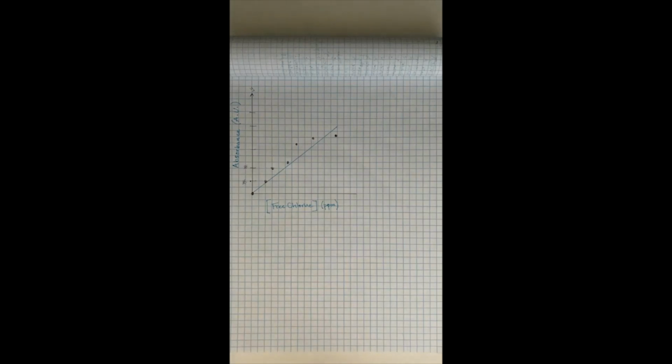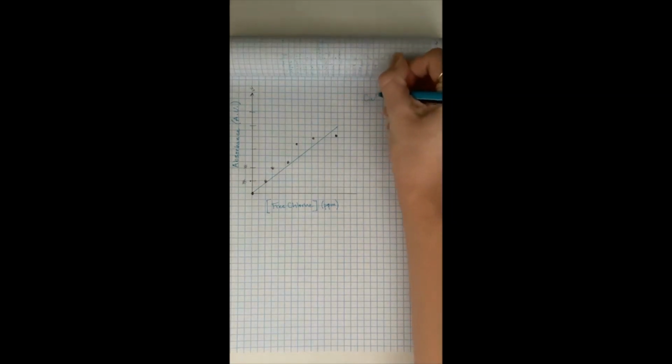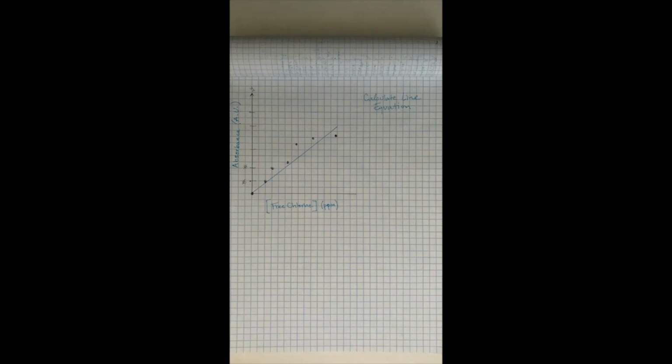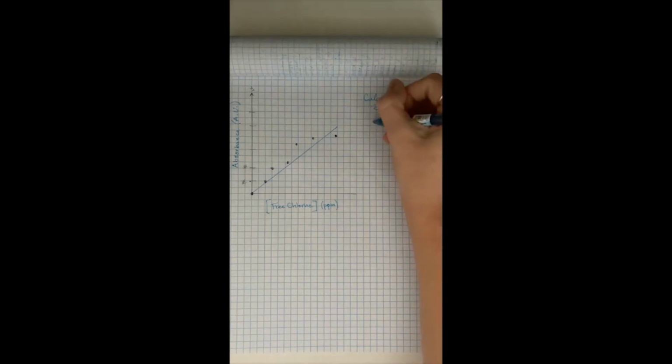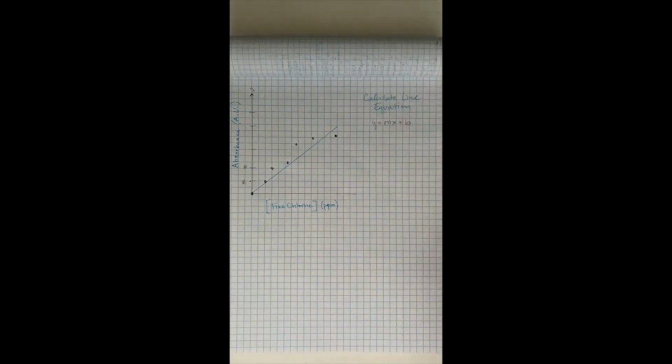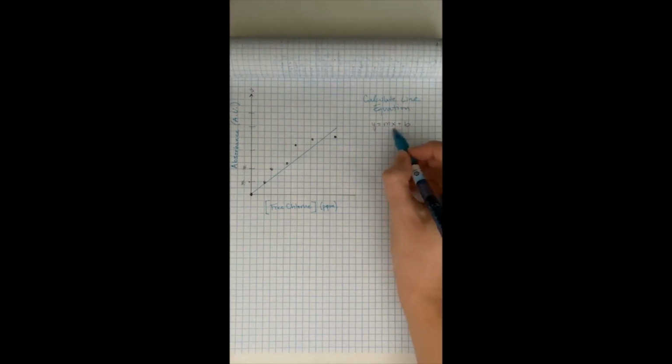The next step is to calculate our line equation. Remember that the line equation is y equals mx plus b. Before we can actually make our line equation, we need to solve for some factors separately. So y and x stay in the equation as general things.